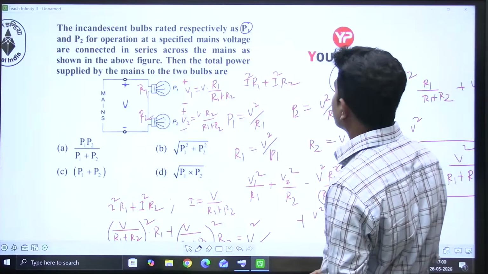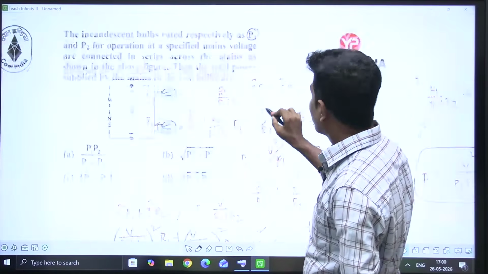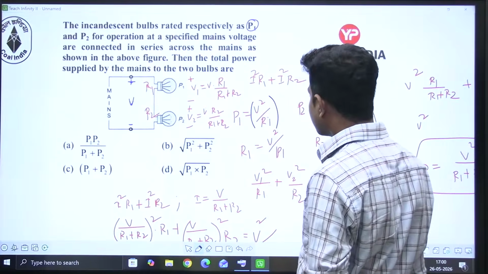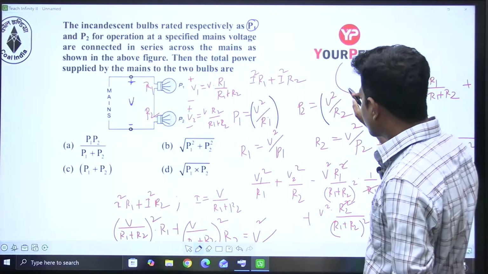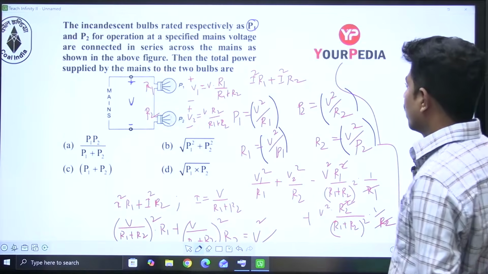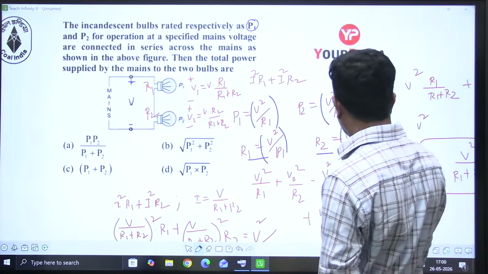Let's go to this page. P1 is equal to V square by R1, and P2 is equal to V square by R2. We got R1 and R2.